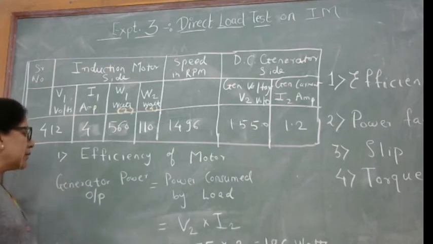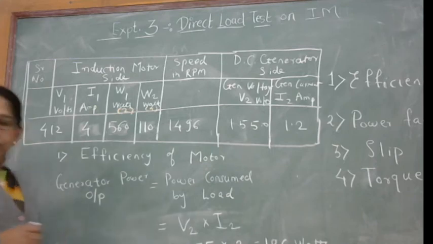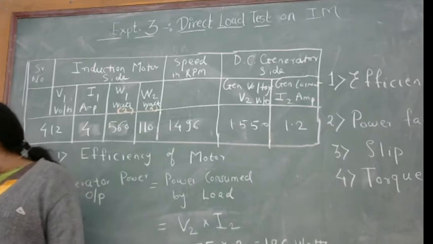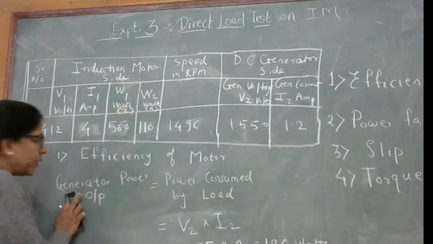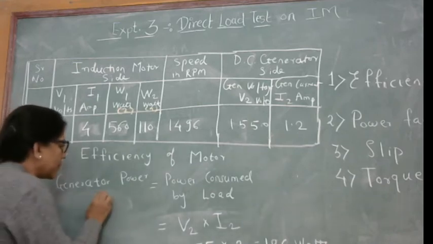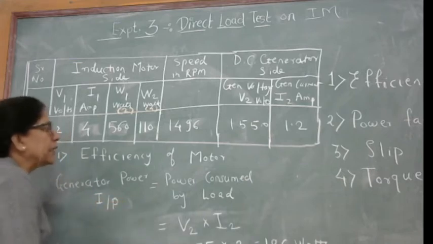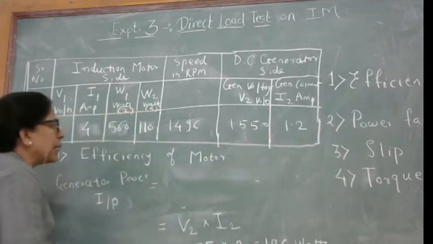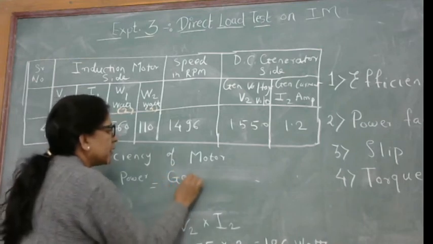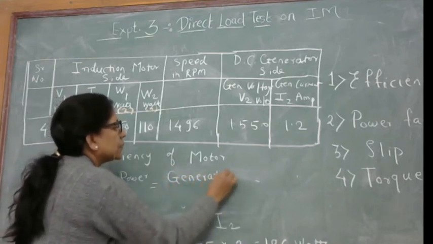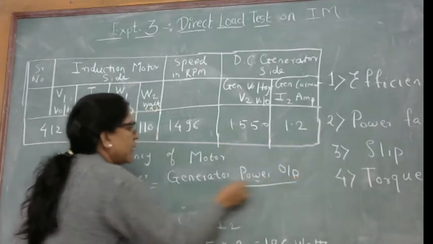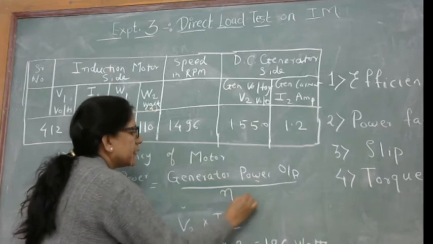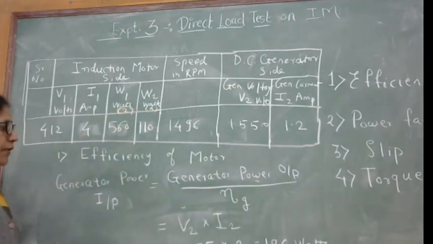Now we want to find out the generator power input. So as we know that the efficiency is given as output upon the input, generator power input we can calculate as generator power output divided by efficiency of generator.